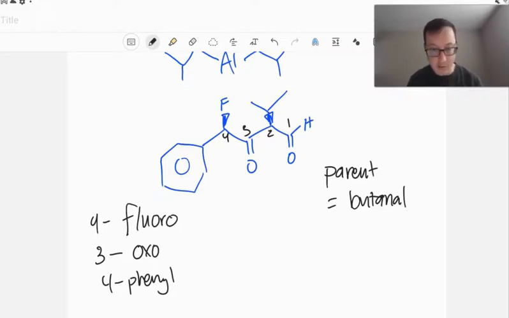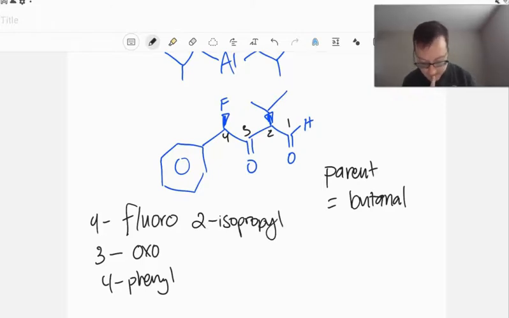This is just a phenyl group. That's it. Isopropyl too. Cool. What are we missing still? The oxygen. Indeed.